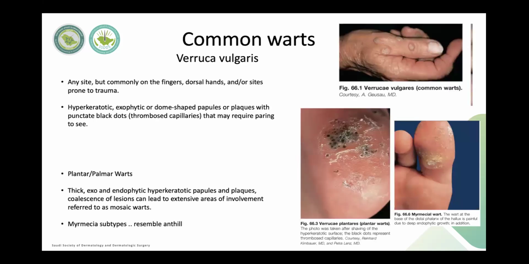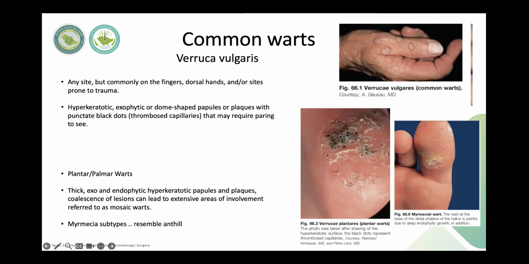This is the common wart, the verruca vulgaris. It can affect any site, but usually affects the fingers, dorsal hand, and it usually presents with hyperkeratotic, exophytic, dome-shaped papules like this. Plantar wart usually presents as an exophytic or endophytic lesion.